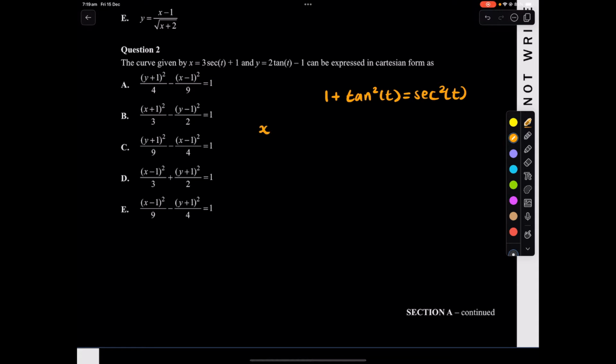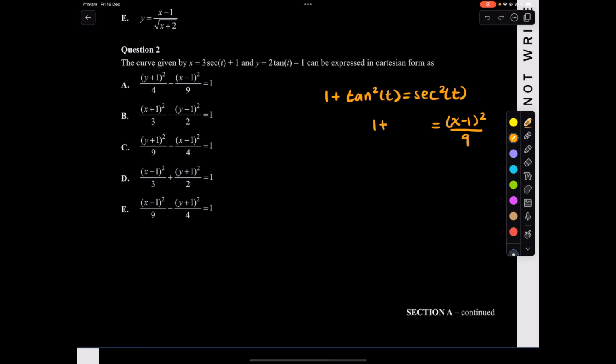So it'll be x minus 1 over 3. That's your secant. And imagine squaring it. So it'll be x minus 1 squared all over 9. That's your secant squared t. Done. So we write that as 1 plus something equals x minus 1 squared over 9. We also want to find tan squared, so also easy because we have this over here.